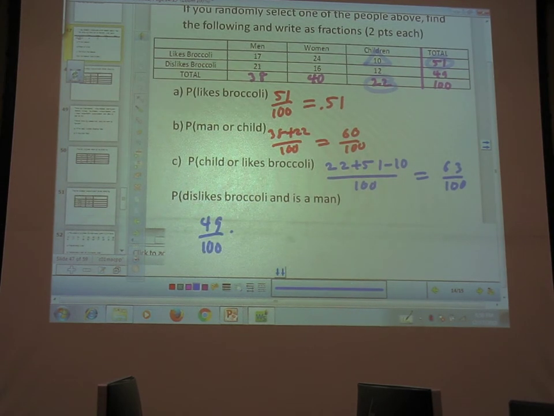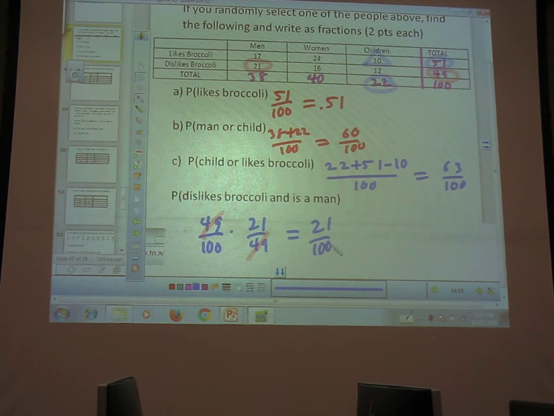But then you'd have to do is a man given they dislike broccoli. That would be 21 out of 49. And then these cancel out, and you get 21 over 100.